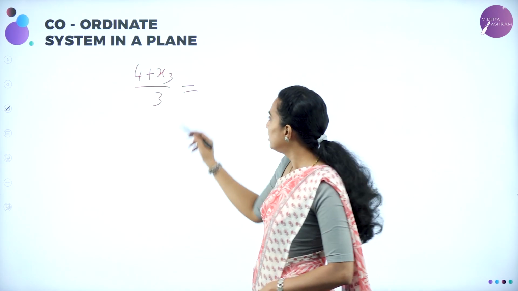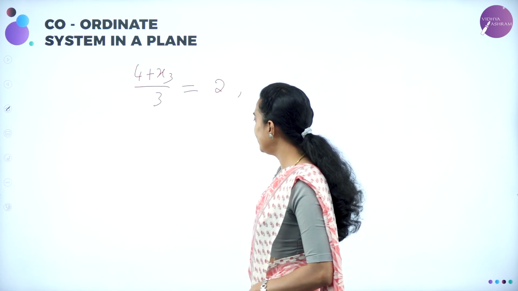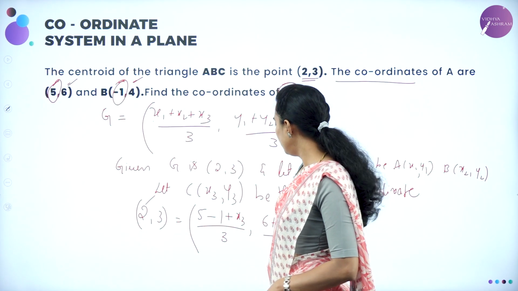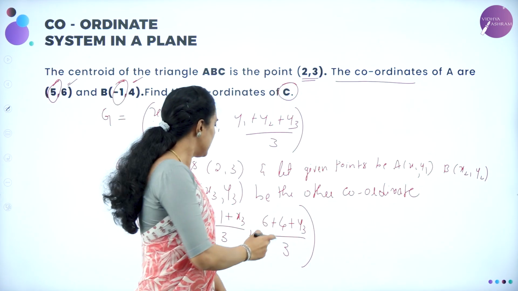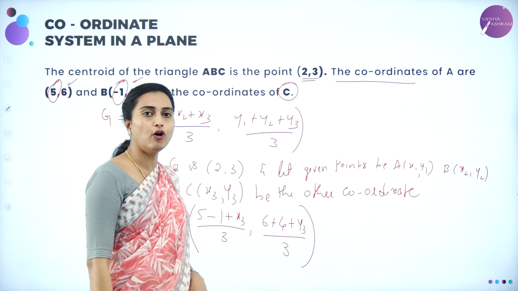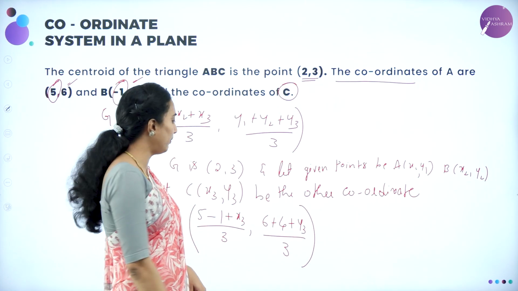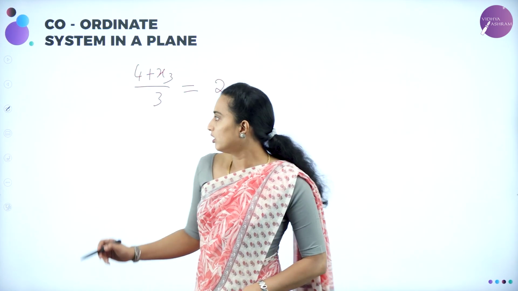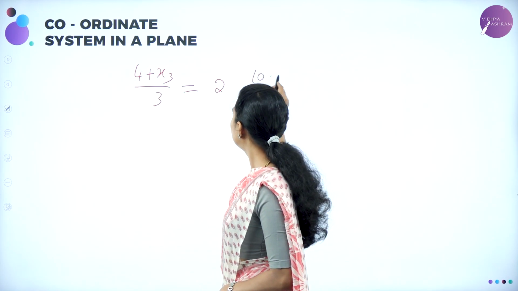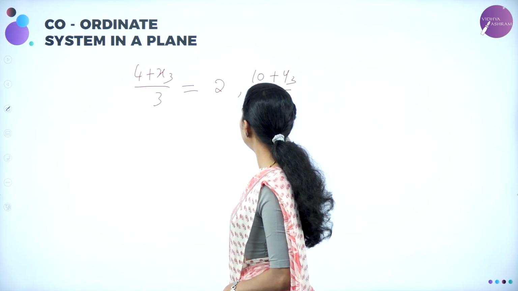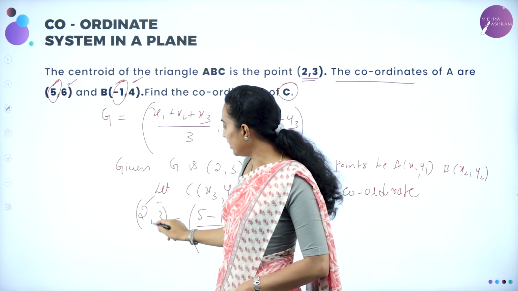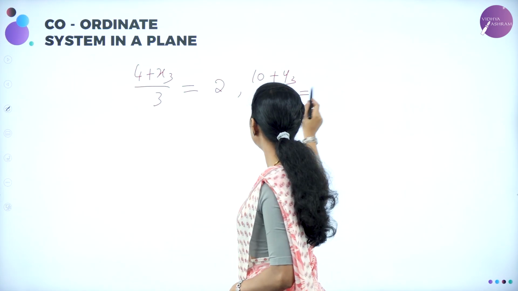Correct? X coordinate equating to 2, comma. Next you are going to have, see here, 6 plus 4. What is 6 plus 4? 10. 10 plus y3 divided by 3 is equal to 3, the y coordinate is 3.